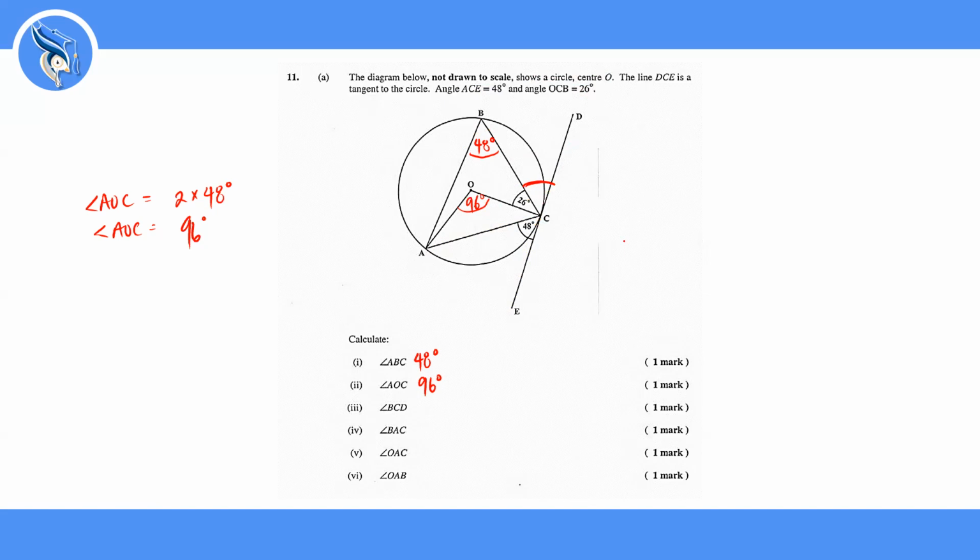I'm assuming that it's 48 degrees, but I can work it out and check, right? Because these look like opposite angles to me, and this looks like the same thing, but I can't just assume that. I have to work it out. So how can I do this?